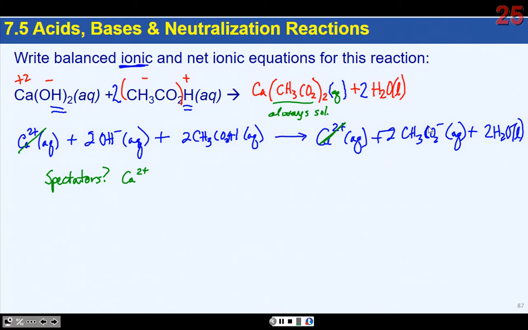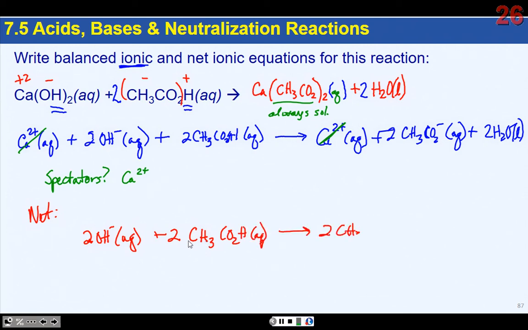So what the net equation amounts to, we have 2 hydroxides combining with 2 acetate ions. Oh, sorry, acetic acid, that's what that is. Acetic acid, CH3CO2H, aqueous, to make 2 free acetate ions.